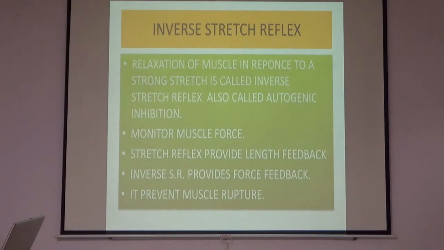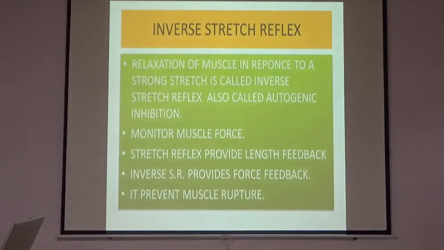It acts as a protective reflex to prevent muscle tear and muscle rupture. So basically, the inverse stretch reflex provides force feedback. And the receptor, as we have seen in the diagram, is the Golgi tendon organ, which is found in the tendon of the muscle.